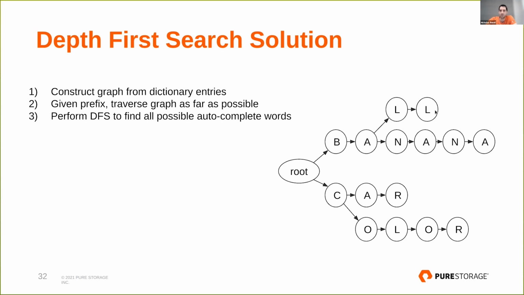So you would go to ball, add that word, and unwind. If you had more BAL words, you would add them here, but in this case we don't. So we unwind and we get banana, add that to the results, and unwind again. If we had more BAN words, of course, we would add them, but in this case that's all we have.